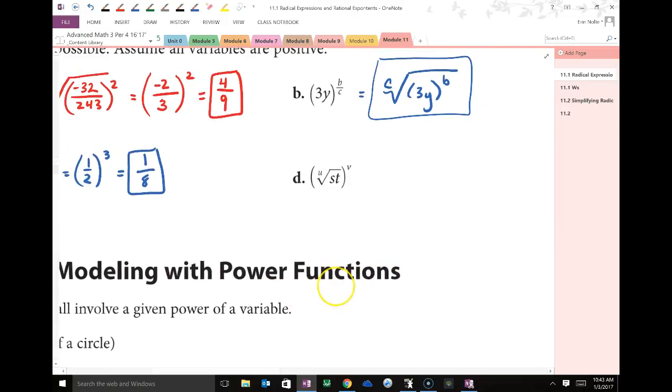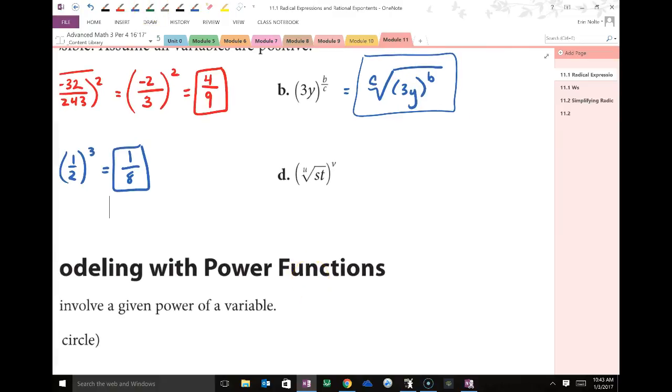Okay, what about D? Now this is kind of an interesting one because they throw out this alternative scenario that you haven't quite seen. So what form is this? It is technically radical form, because you've got a radical.